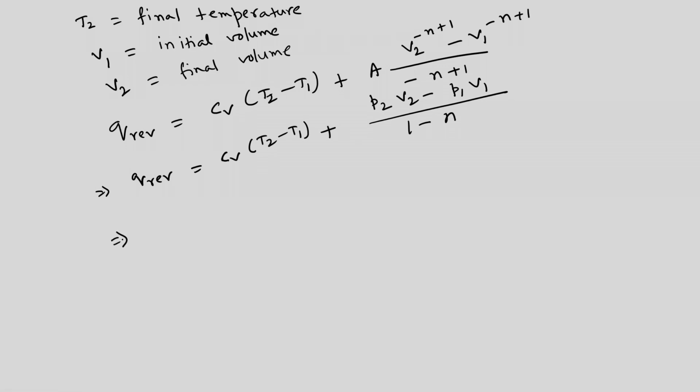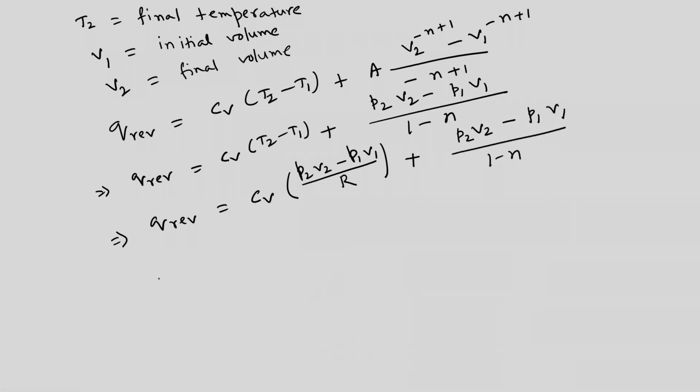So, we get Q reversible is Cv times P2 V2 minus P1 V1 by R, we consider 1 mole here, plus P2 V2 minus P1 V1 by 1 minus n.